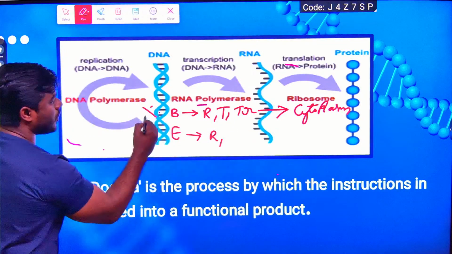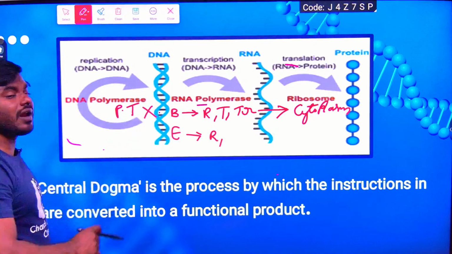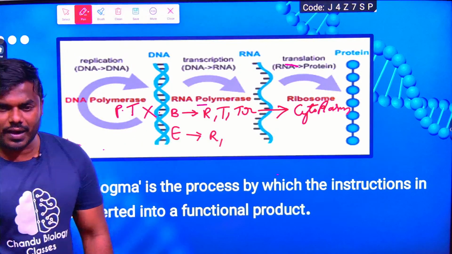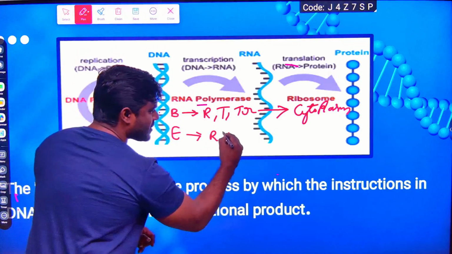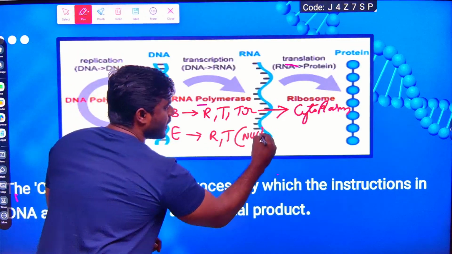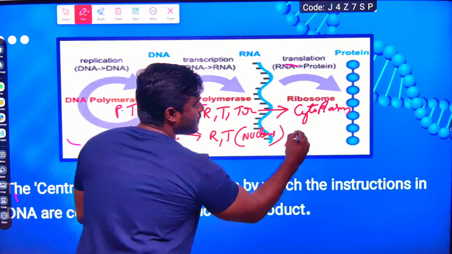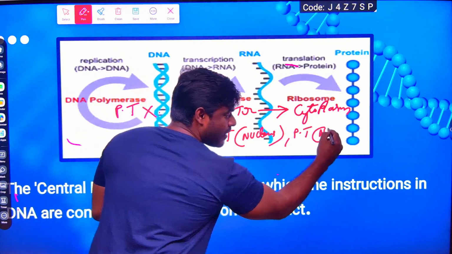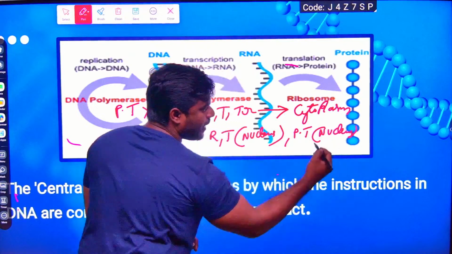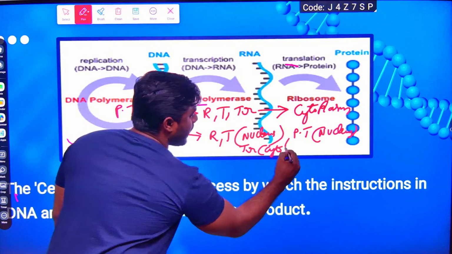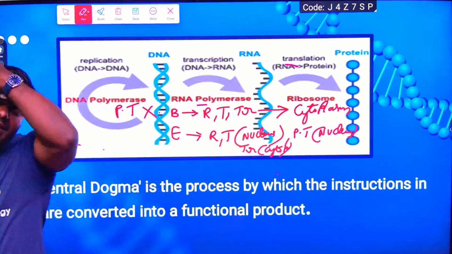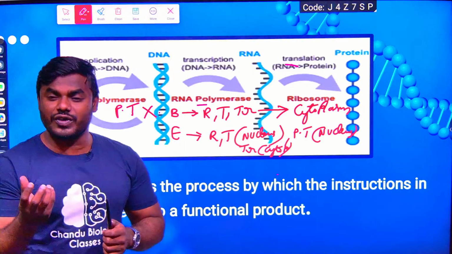No. In prokaryotes, post-transcriptional processes are absent. Correct, na? Now, eukaryotes: replication and transcription happen in the nucleus. Post-transcriptional processes also happen in the nucleus only. Correct, na? Translation happens in the cytoplasm. Correct. Finally, whether it is a prokaryote or eukaryote, where do we synthesize the protein?